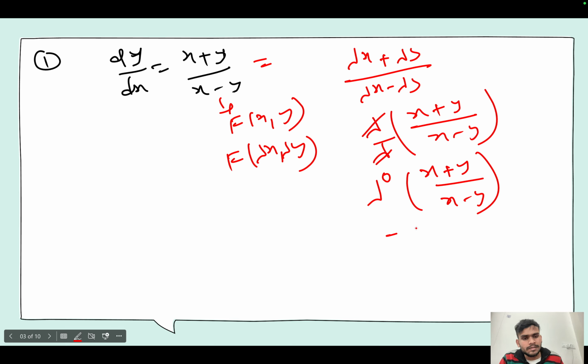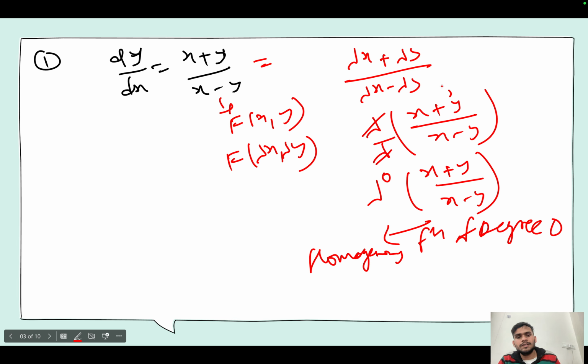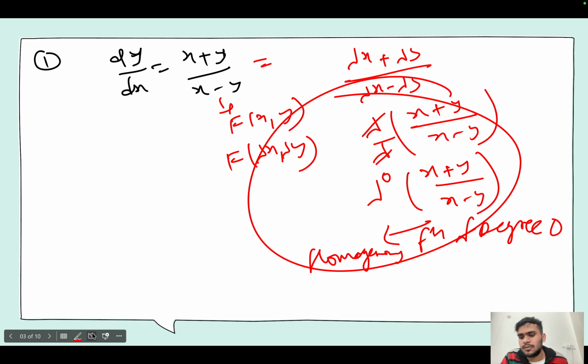So this is a homogeneous function of degree 0. So this is a homogeneous differential equation.